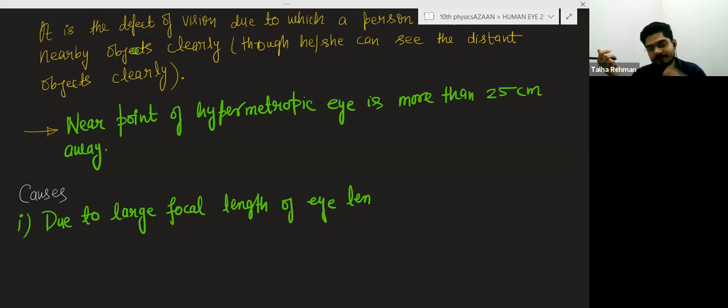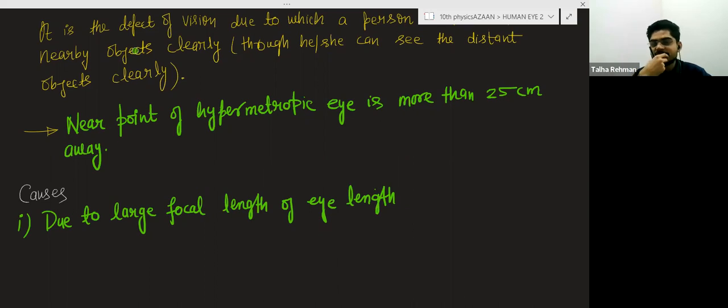Due to some reason, there can be n number of reasons, the focal length of the eye lens increases than the required value. Focal length can be adjusted by the ciliary muscle, so there can be a defect in the ciliary muscles also. The ciliary muscles become weak.